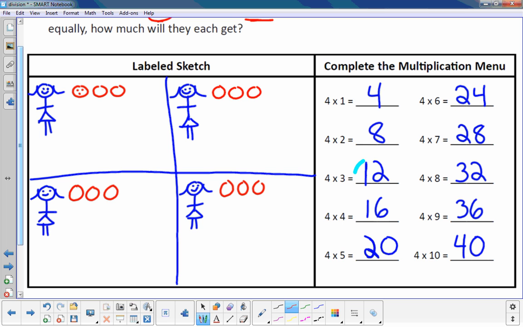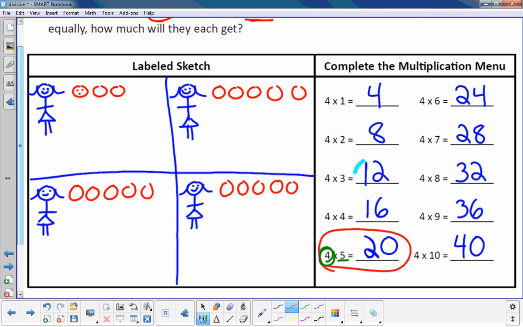Or, if I look at my multiplication menu, I can see right here that the 4 nieces could get 5 cookies each, and all together they'll have 20 cookies. And that's really close to 22. So I'm going to go ahead and give them all 5.